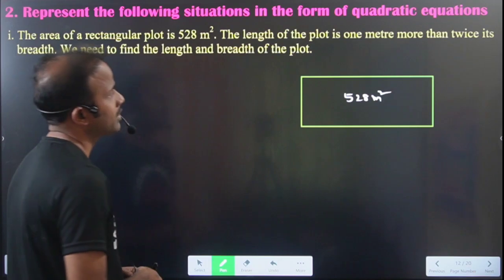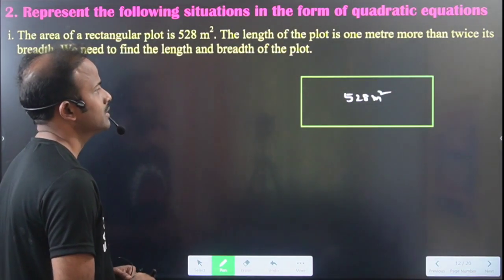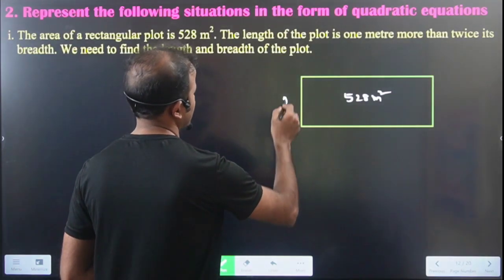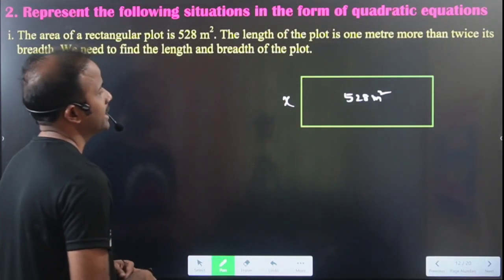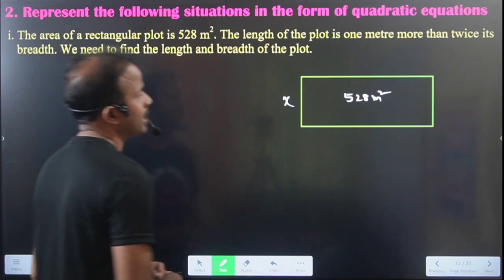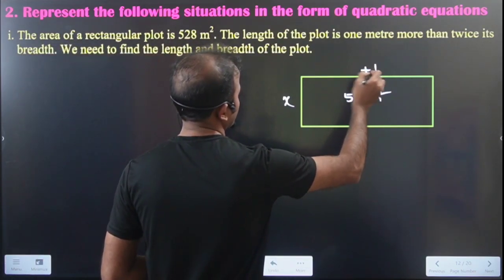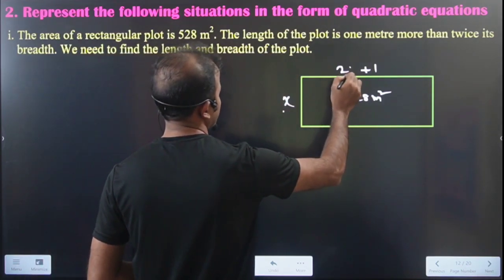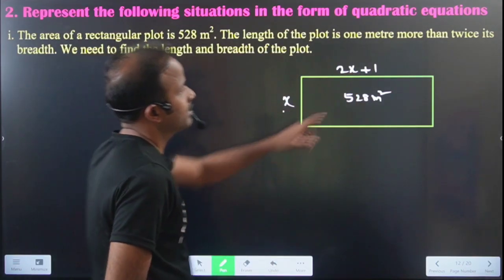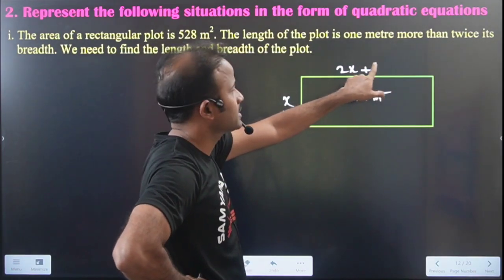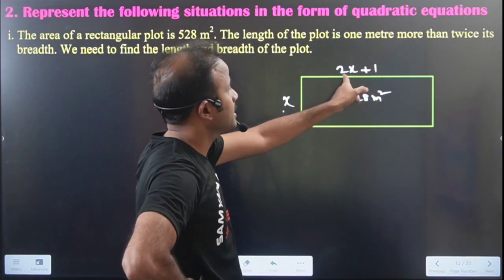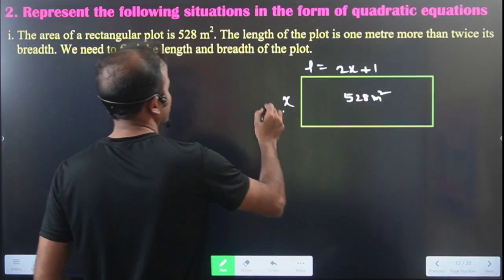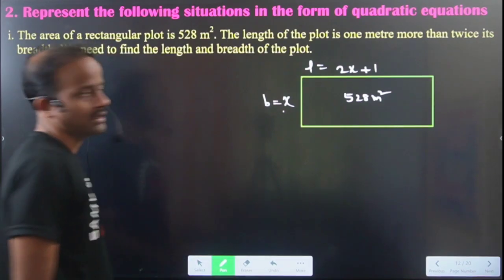So the length of the plot is 1 meter more than twice its breadth. అయితే లెంత్ ఆఫ్ ద ప్లాట్ని కాదు, బ్రెడ్త్ ఆఫ్ ద ప్లాట్ని ఎక్స్ అనుకోండి. అప్పుడు లెంత్ ఆఫ్ ద ప్లాట్ అనేది ఎంతకి ఈక్వల్ అవుతుందంటే 1 మీటర్ మోర్ దెన్ ట్వైస్ ఆఫ్ ఇట్స్ బ్రెడ్త్. వాల్యూ ఎక్స్ ఉంది కదా, ట్వైస్ ఆఫ్ ఇట్స్ బ్రెడ్త్ అంటే ఎంత? 2x. ఓకే, 1 మీటర్ మోర్ అంటే ప్లస్ 1, 2x ప్లస్ 1. అంటే లెంత్ వాల్యూ ఏమైంది ఇక్కడ? లెంత్ వాల్యూ 2x ప్లస్ 1 అయింది, బ్రెడ్త్ వాల్యూ x అయింది.